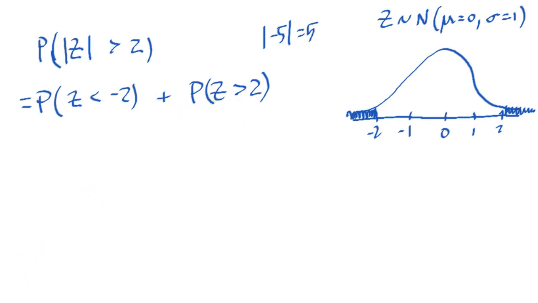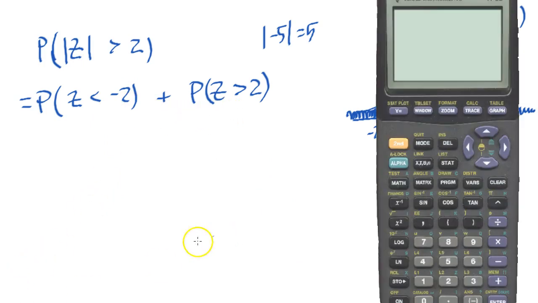Let me pull that up. This is where I had to put the calculator. I didn't want to cover up this area over here. Let's clear this out. If you watched the normal distribution and TI calculators video, you'll have an idea of where this is located: press second VARS and go down to normal CDF.